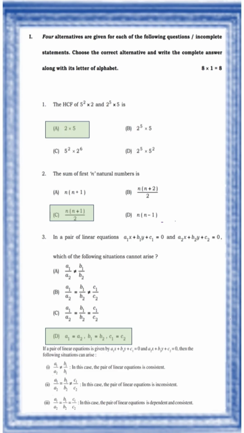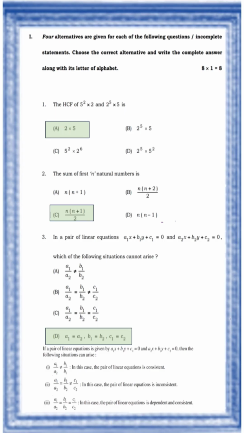Just remember these things. If a pair of linear equations is given by a1x plus b1y plus c1 is equal to 0 and a2x plus b2y plus c2 is equal to 0, then the following situations can arise. a1 by a2 is not equal to b1 by b2. In this case, the pair of equations is consistent. It has only one solution, a unique solution. a1 by a2 is equal to b1 by b2 is not equal to c1 by c2.